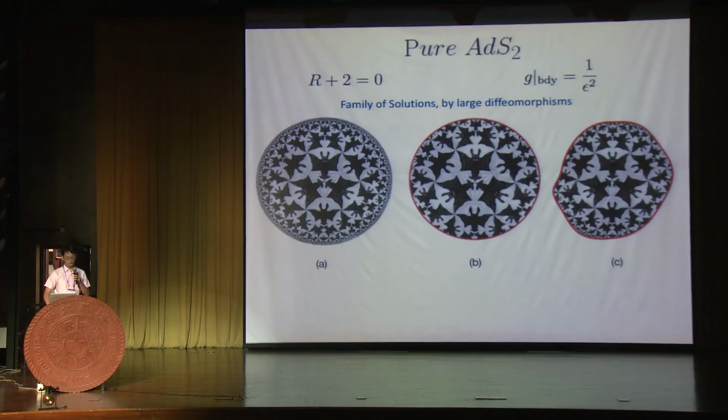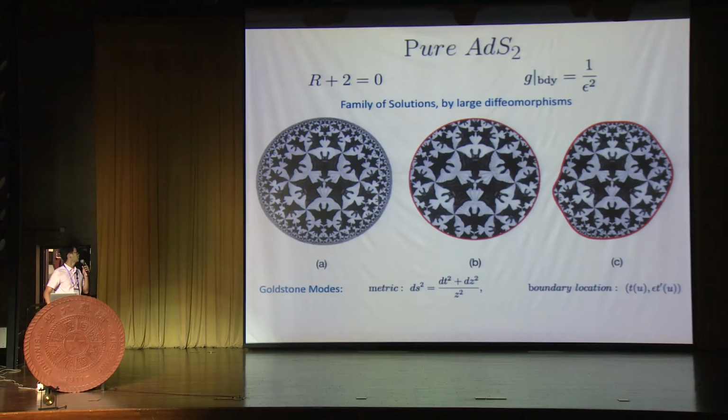Alternatively, we can leave the metric to be AdS2 and then choose an arbitrary boundary. Then by boundary diffeomorphism, we can satisfy the boundary condition. Here I choose the Poincare metric, and then the boundary is purely determined by one function, t(u), where u is the boundary time.